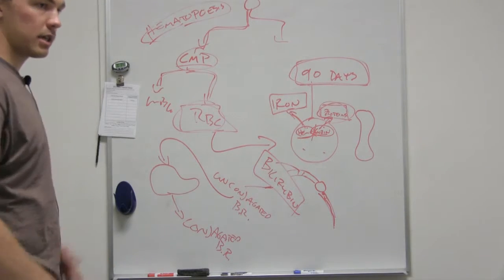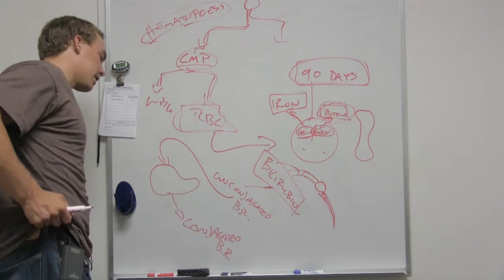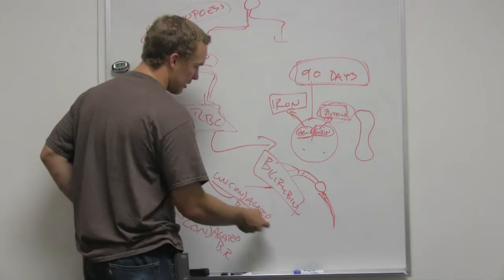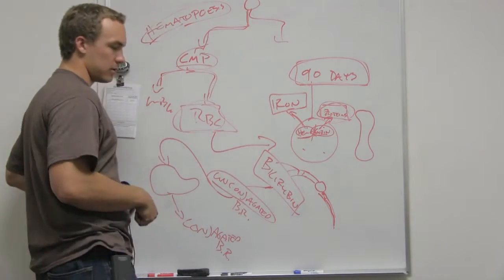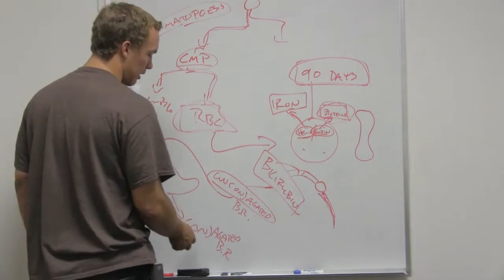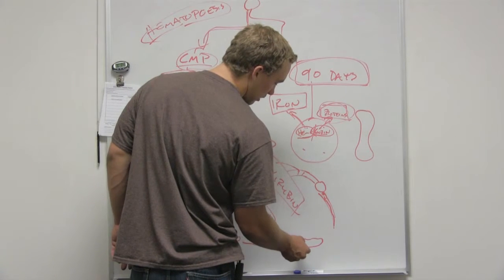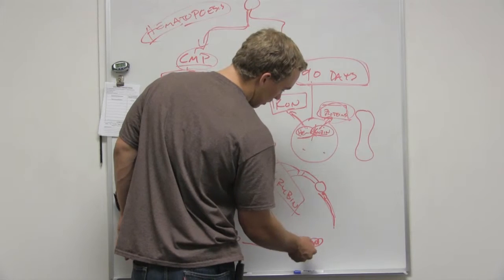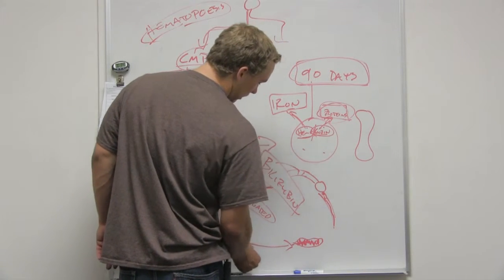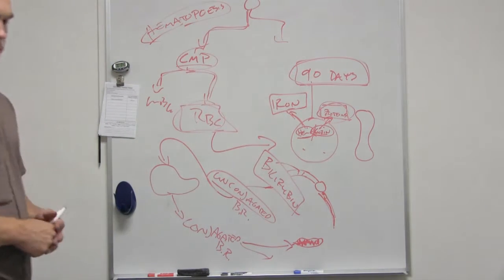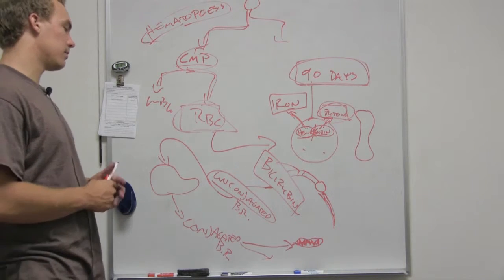So it's going to conjugate the bilirubin, right? If it conjugates it, it's no longer unconjugated, and to be able to secrete it, it has to be conjugated, okay? So now it can go in your poop and change your poop to that nice brown color it normally has. I'm pretty sure you can pee it out too.